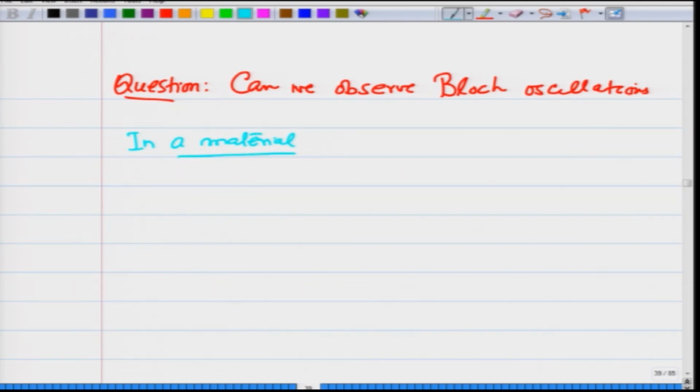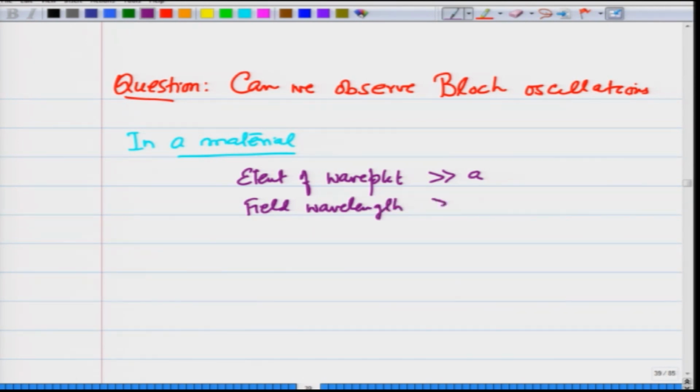Now, we already said that the extent of the wave packet is much larger than a. The field wavelength is even larger, or maybe it is a static field. Now, if the extent of the wave packet is much larger than a, it will also have to move through a distance much larger than a before I can see clearly that the wave packet has moved.